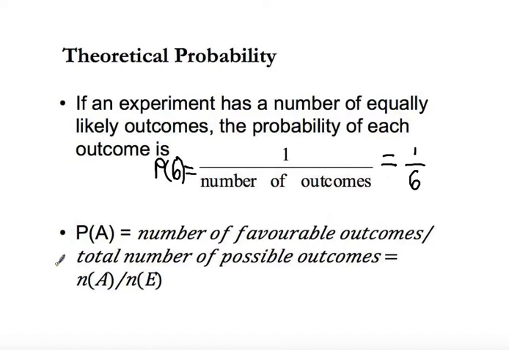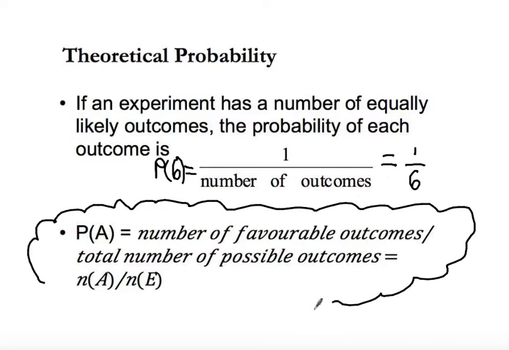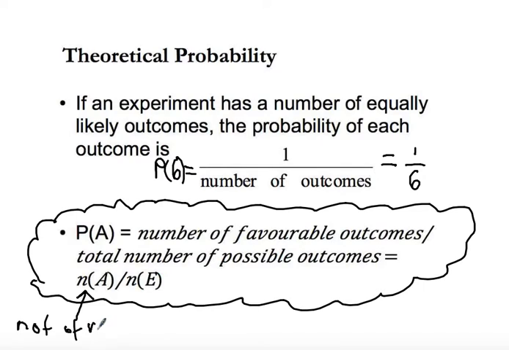Generally speaking, this bottom one, this is our important one. This is our true definition of probability. Okay, so the probability of any event is the number of favourable outcomes divided by the number of possible outcomes. Okay, and this is shorthand notation, number of ways to get A. So n(A) just means the number of whatever's inside the brackets.